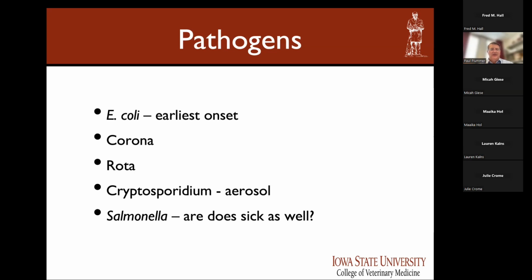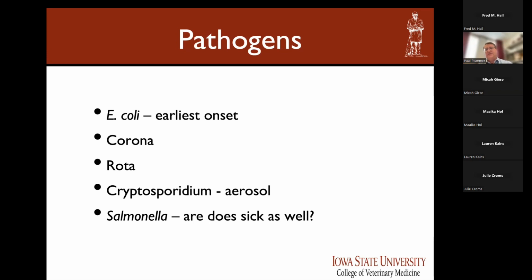And so this is an organism that, because it's a protozoan, is not going to be responsive to antibiotics. And because it's aerosolized, we have to think about other management strategies to mitigate this. And then the one that I have down here on the bottom, Salmonella.